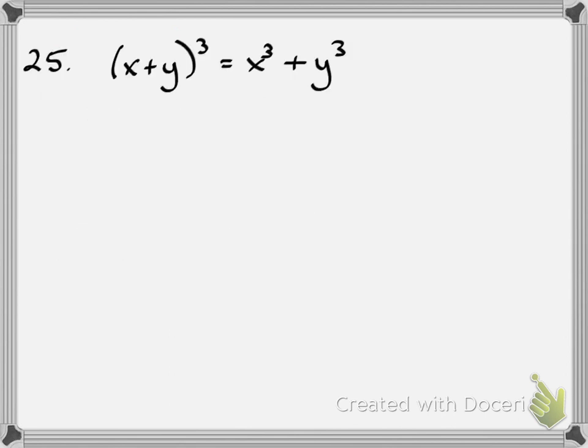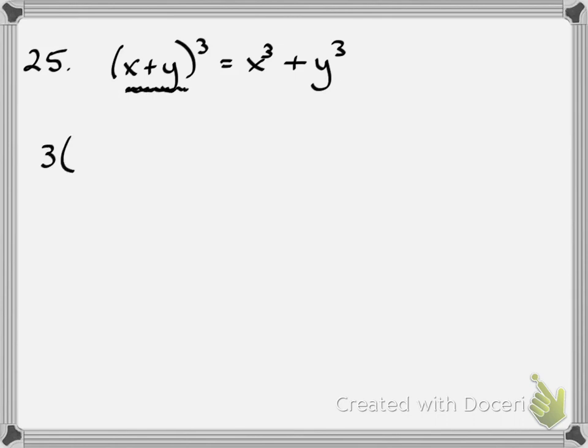Okay, here's another implicit differentiation problem. It says to find dy/dx. It also wants us to evaluate it at a certain point, but I'm just going to practice implicit differentiation. So on the left-hand side, I have a chain rule problem because I've got a quantity raised to the third power.